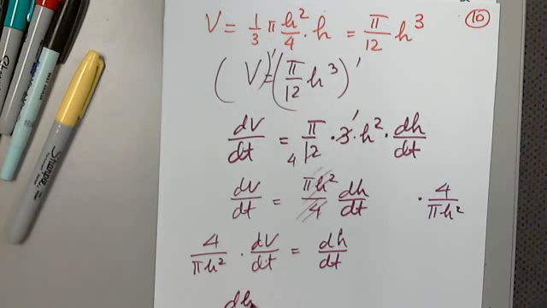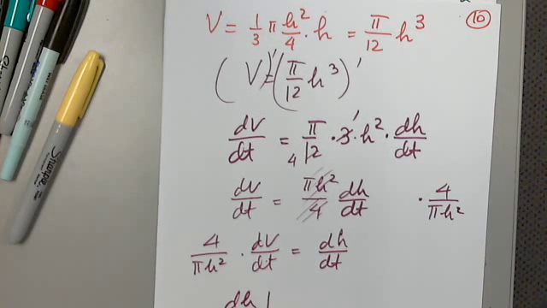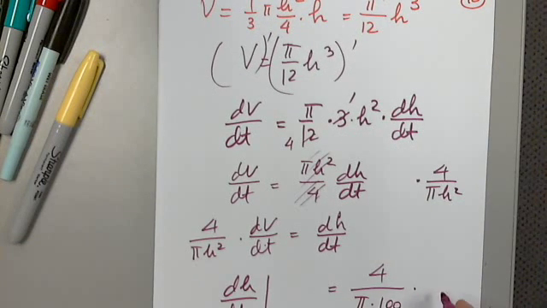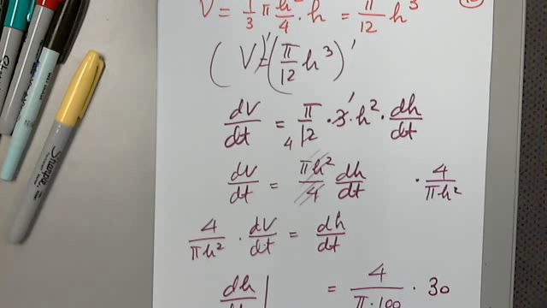One more time, dH over dt when H equals 10 feet is 4 over pi times 100 times dV over dt, which was given to us from the very beginning, which is 30. I put all this in the calculator. It's 120 divided by pi and further divided by 100.